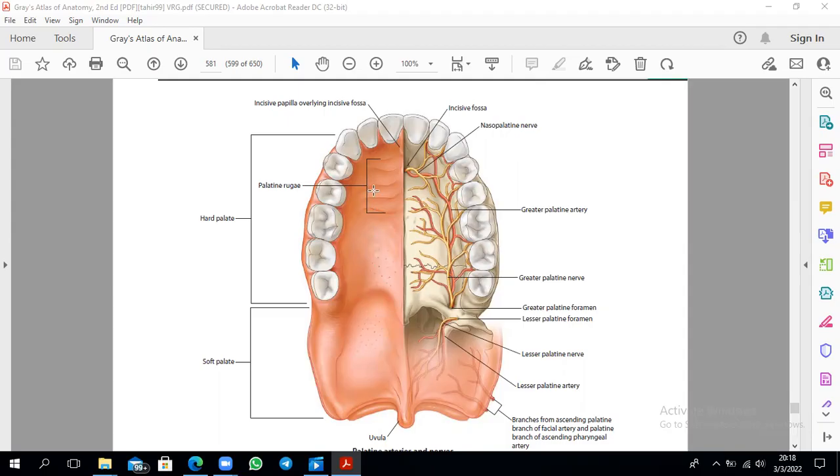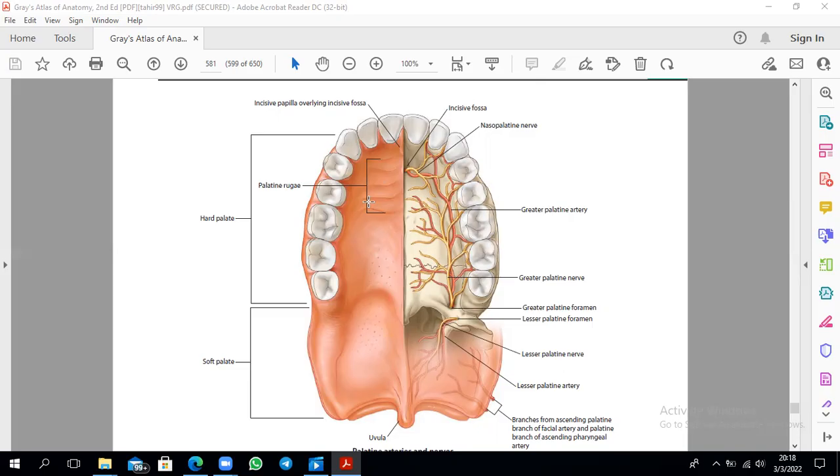The hard palate, its anterior 2/3 will be formed by the palatine process of the maxilla, if you remember the lecture that we had on the introduction to skull anatomy. Then the posterior 1/3 is formed by the horizontal plates of the palatine bones.